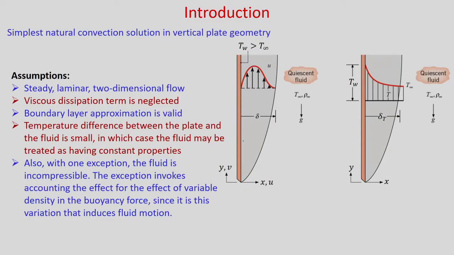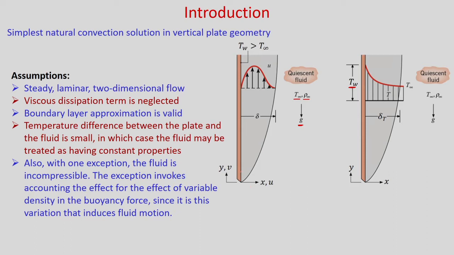So, if you consider this vertical plate which is maintained at temperature Tw, okay, and the quiescent fluid is having temperature T infinity and its density is rho infinity. There will be an acceleration field and that is your gravity.